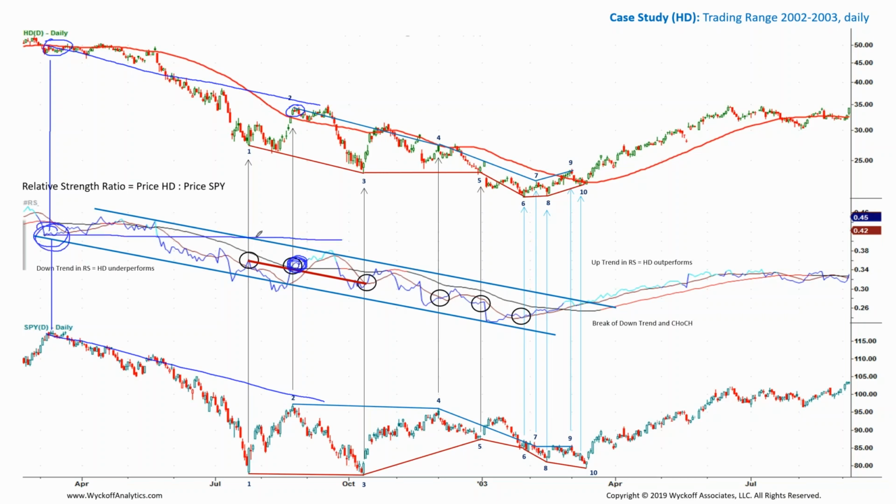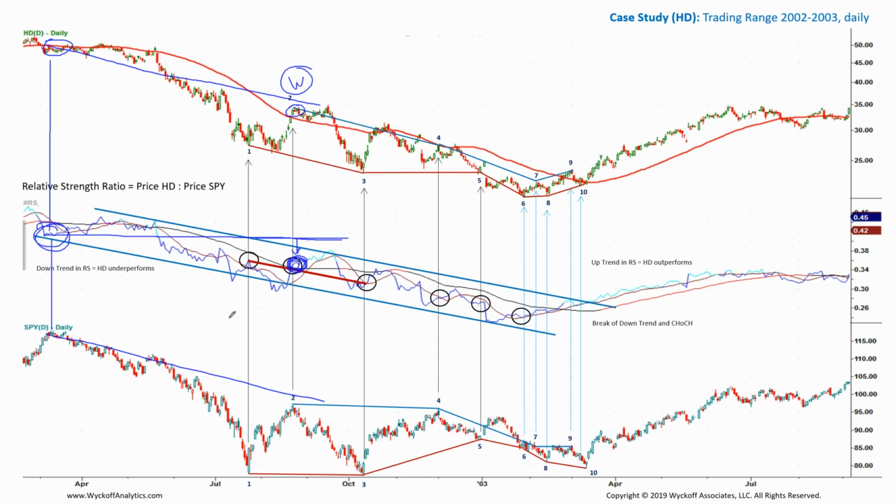Just basically see, did the relative strength deteriorate or not? And we see that it did. So we're going to say that the stock relative to the market at point number 2 is weaker.